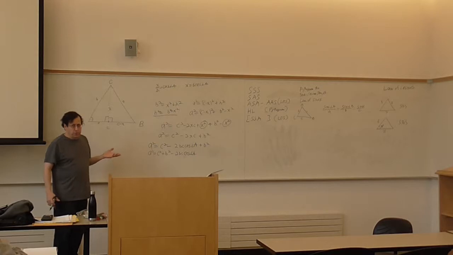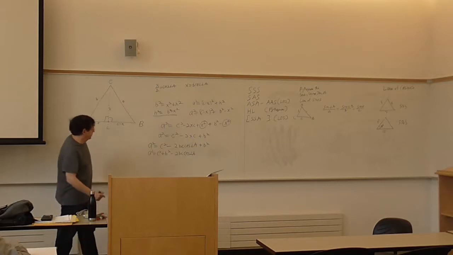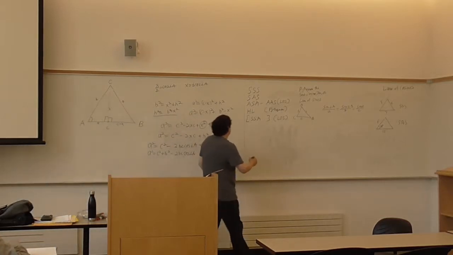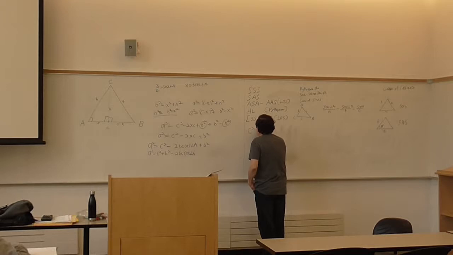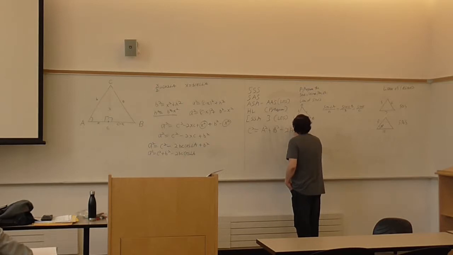So I'm going to, again, arrange this the way you're more likely to see it. I'm going to write it as c squared equals a squared plus b squared minus 2ab cosine angle C.